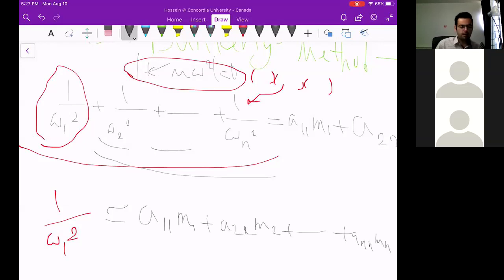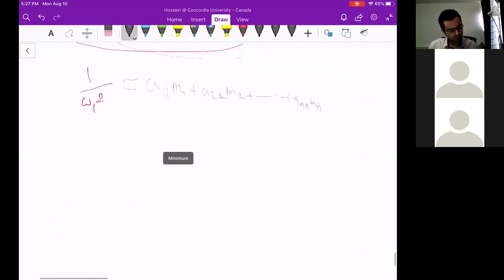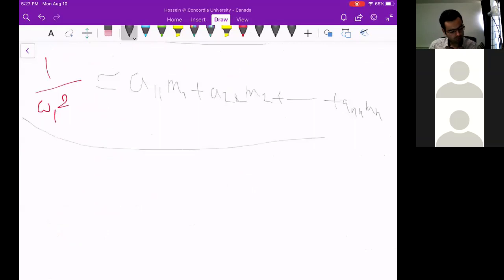That's why this approach is slightly underestimated and approaches the fundamental frequency from the lower side. So this is basically the technique for the Dunkerley approach.